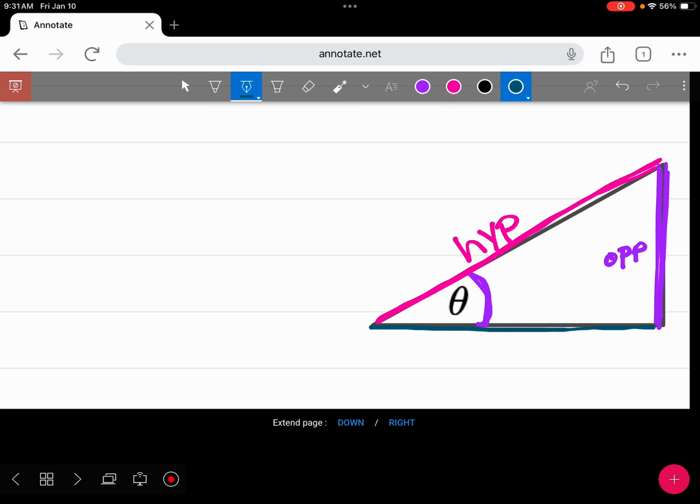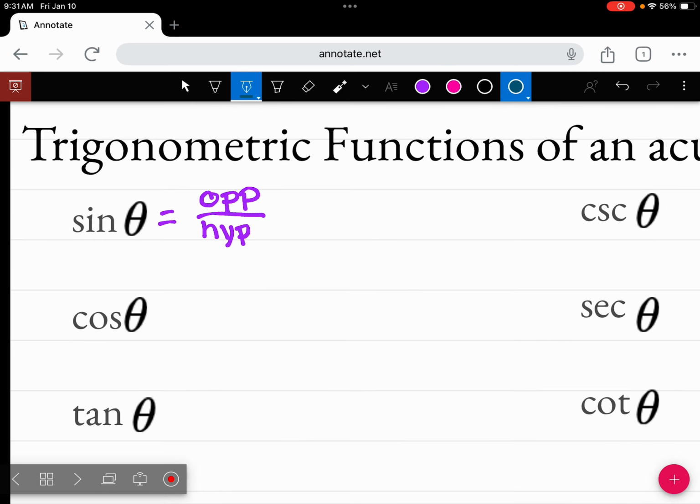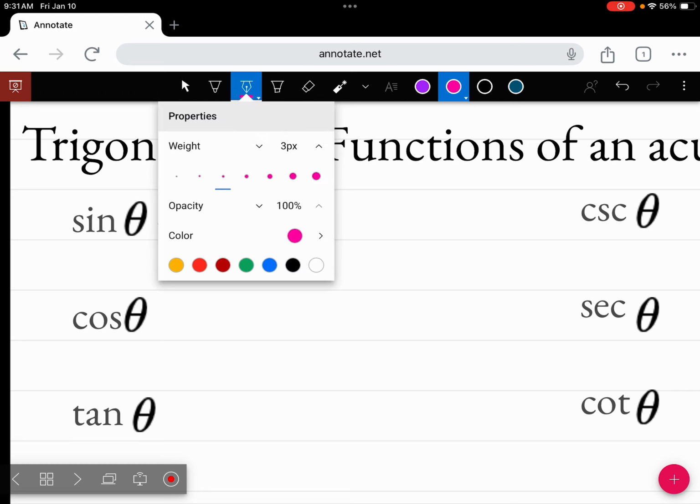What is this? In this case, it's our bottom side. What is this side called? Adjacent. The adjacent side. So it's all relating the sides of our triangle to the angle in there. So I'm going to just switch that out so it's color-coded still. Hypotenuse.